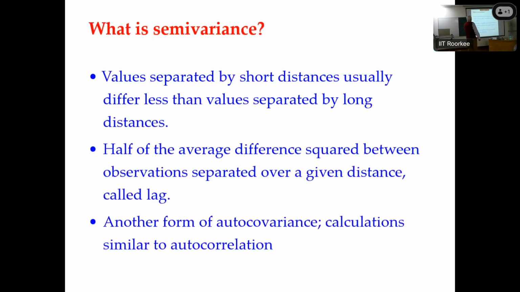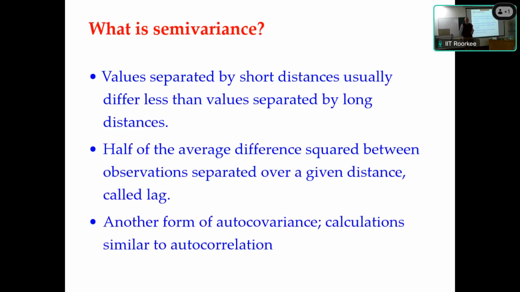And we have met already the sister of the semi-variogram, that is the autocorrelation function. So what we learned this morning, we should with one foot stand on known ground. So what is semi-variance? In simple terms, values separated by short distances usually differ less than values separated by long distances.